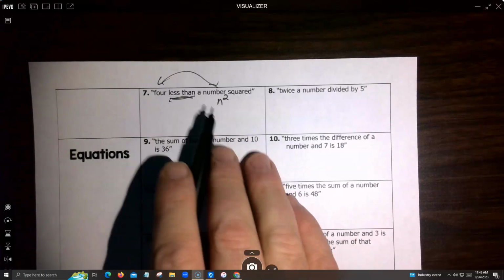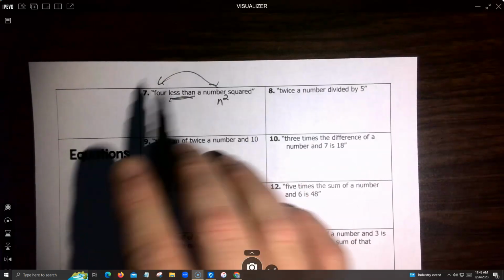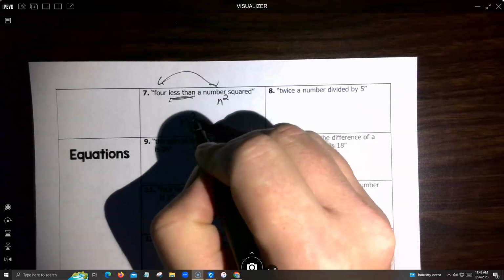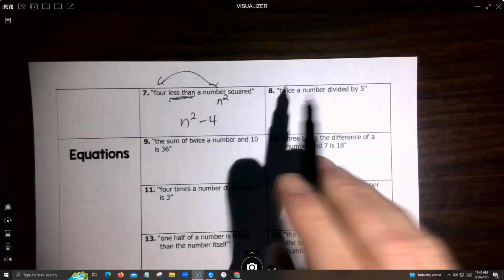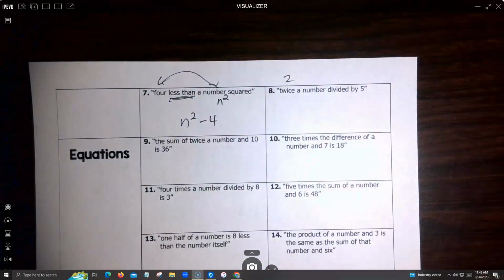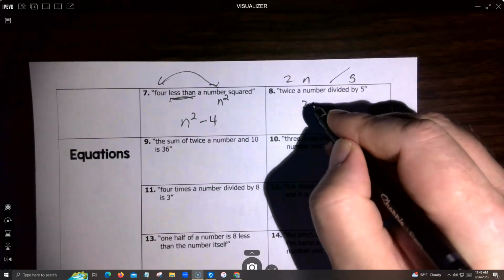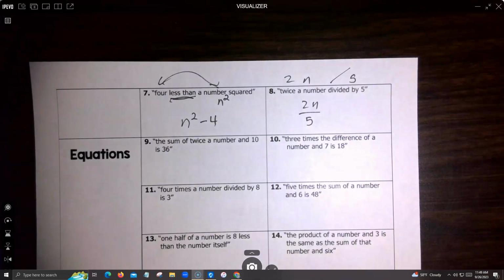So 4 less than n squared. Well, less than means I swap them, so this would be n squared minus 4. Okay. Twice a number, so 2n, divided by 5. 2n divided by 5. Done.